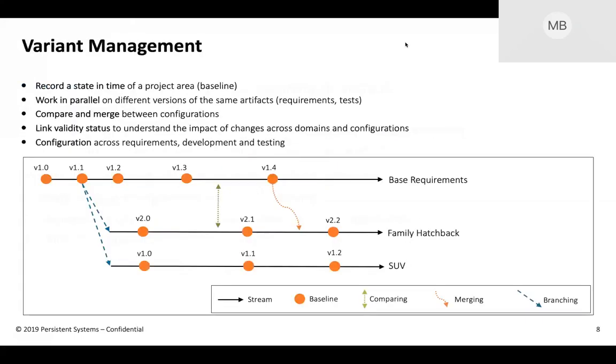So variant management or version management is a very, very common thing that's been done for decades now in the software industry. These kinds of diagrams that we're looking at here, where we've got a base set of requirements that get branched into a couple of different versions, have been going on for a very long time with managing versions of files.